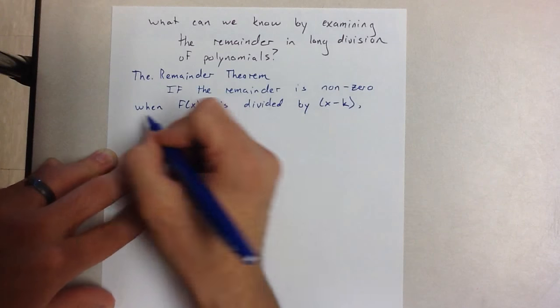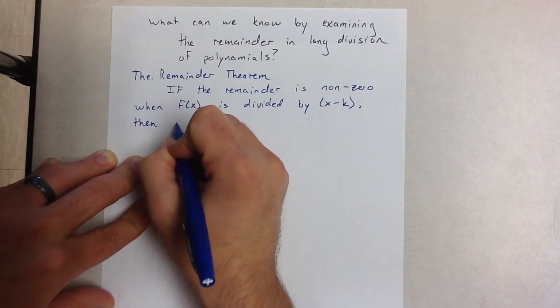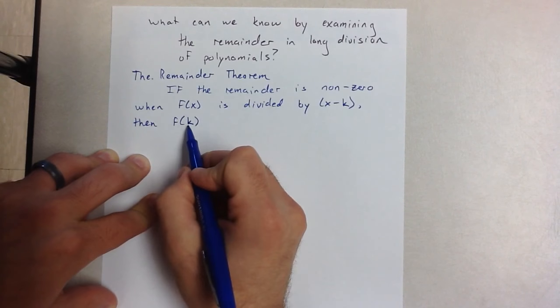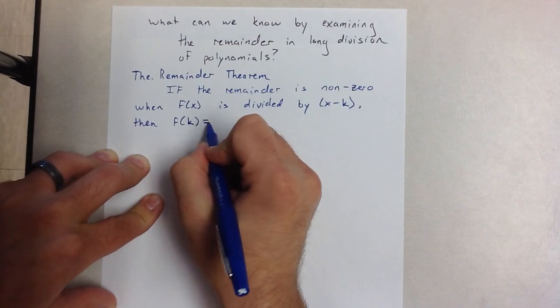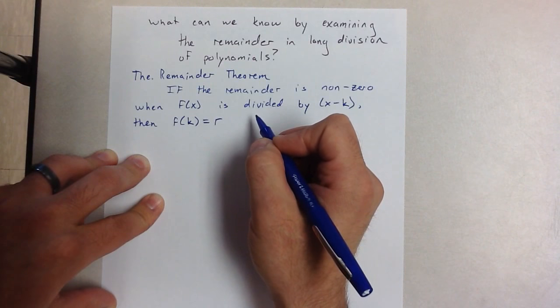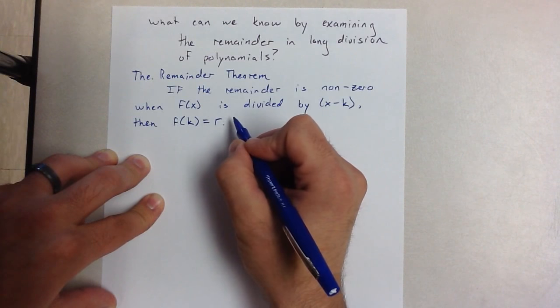What can be said then is that when we take this k value, this number, into our function, what we will get is the remainder. That might not make sense right now, so we're going to see that in a little bit.